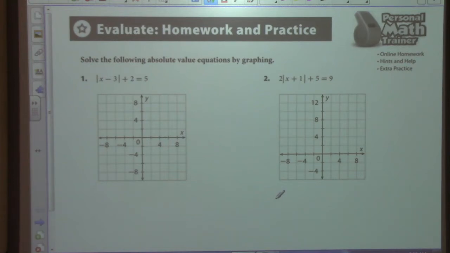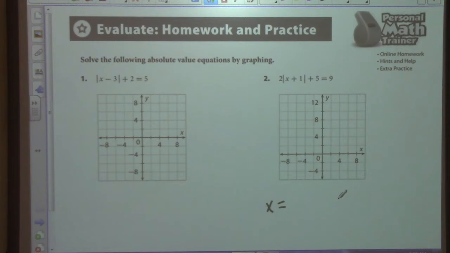Does anybody have answers for number 2 yet? Not really. x equals 1 is an answer.